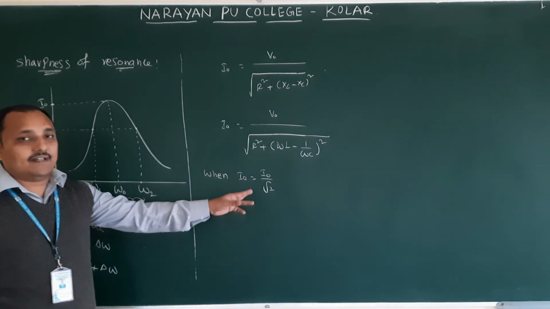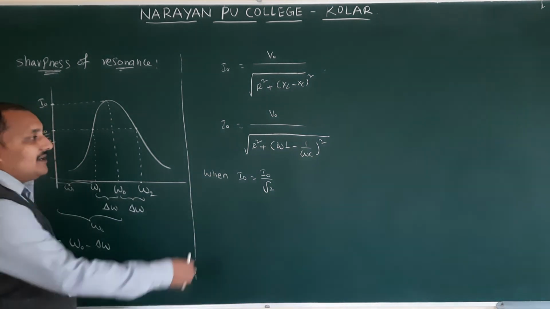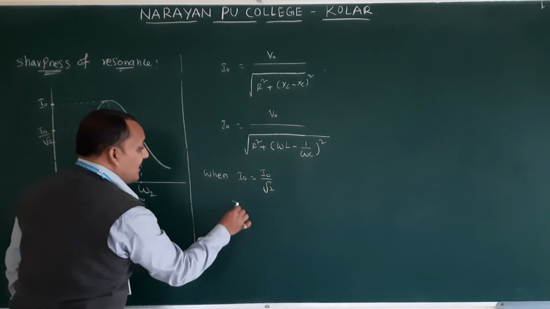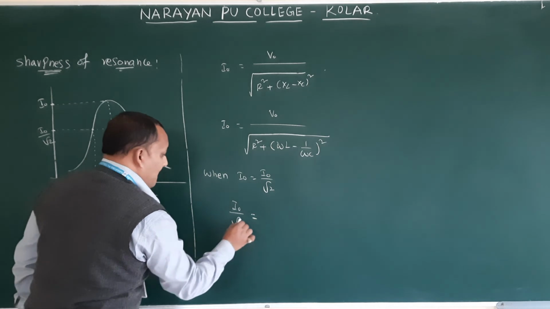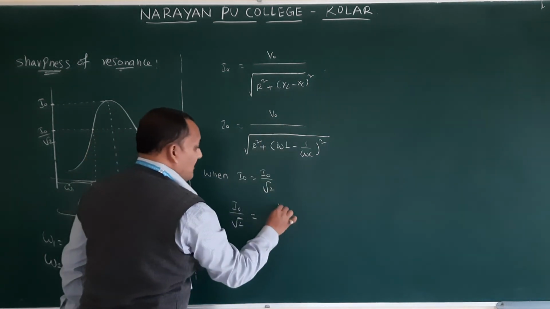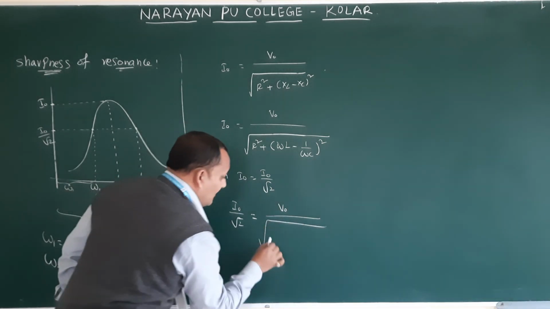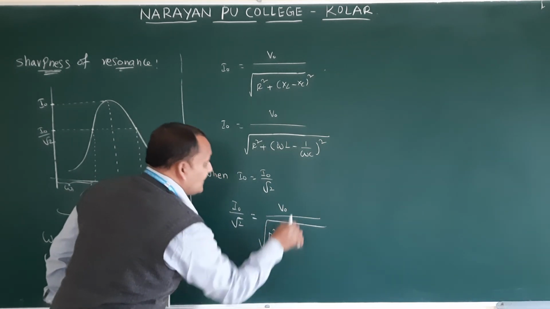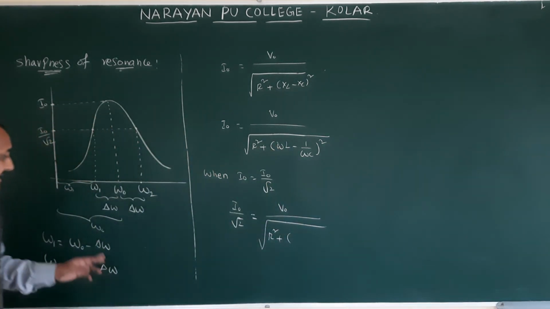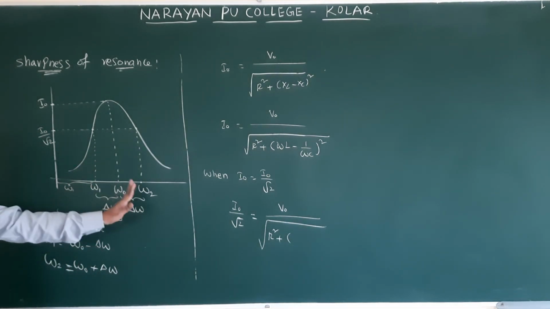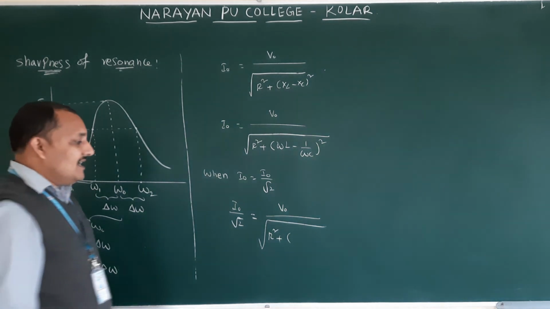they didn't give this directly in the textbook, they give the next step. I am just showing how that step came in our textbook. Whenever I naught is going to become I naught by root 2, then V naught is divided by root of R square plus omega L minus 1 by omega C, whole square. Either we can write omega 1 or omega 2, because at omega 1 and omega 2 the current becomes I naught by root 2.